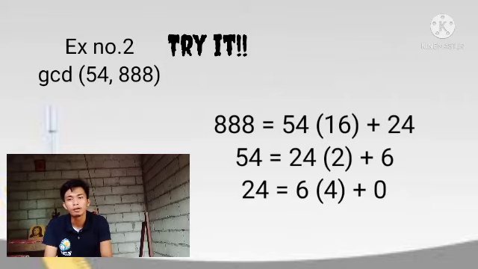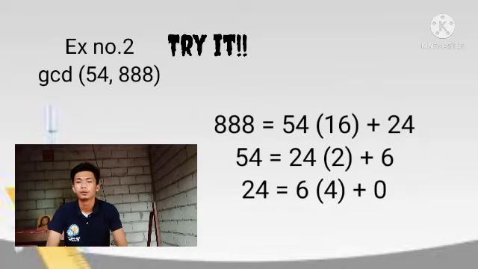So 54 divided by 24 is equal to 2. 2 times 24 is equal to 48. 54 minus 48 is equal to 6.